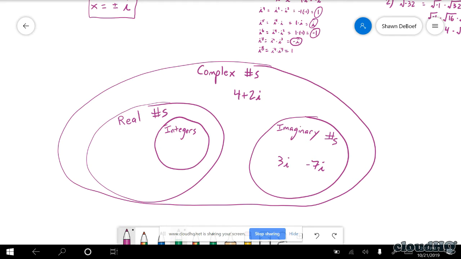The next term, the 2i, that's an imaginary. It's a combination of real and imaginary. We could have 3 minus 6i, -2 plus 8i. Those are all examples of complex numbers. When one of the terms is missing, I have just a simple real number or just a simple imaginary number, but when I have both parts, it's complex.